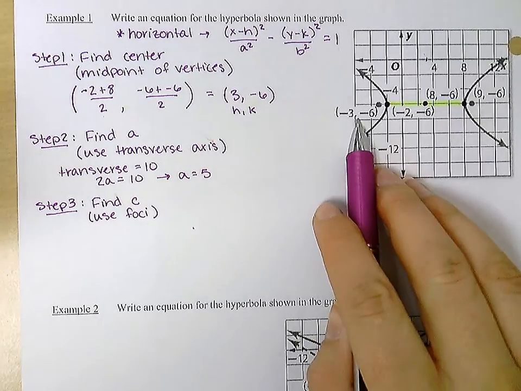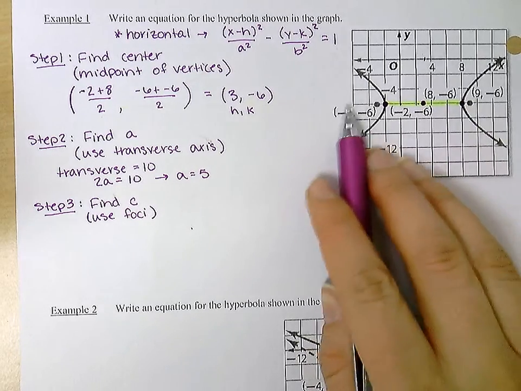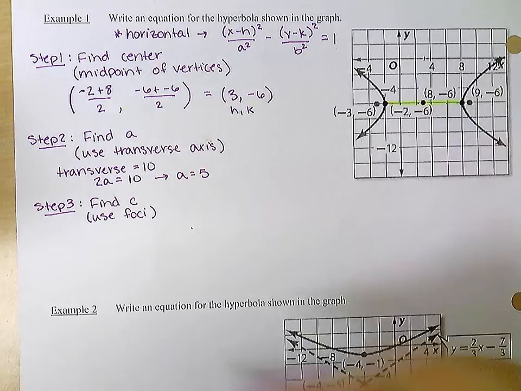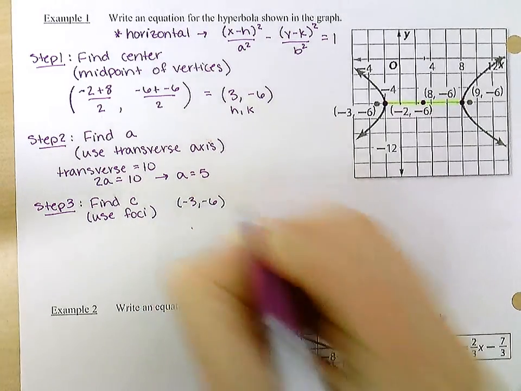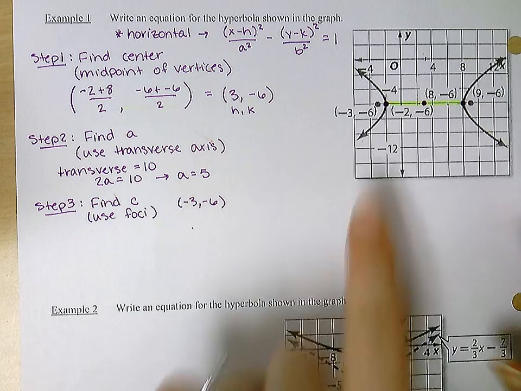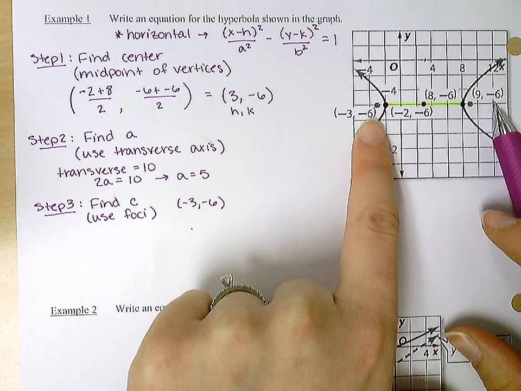I'm going to use one of my points for a focus point. Doesn't matter which. I can either use -3, -6, or I can use 9, -6. So I'm just going to use -3, -6. Now the value that you're looking at in your focus point is the one that changes. Between my two focus points, my y value stays the same.